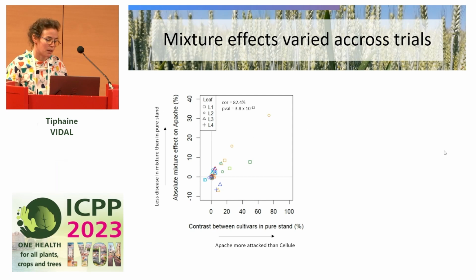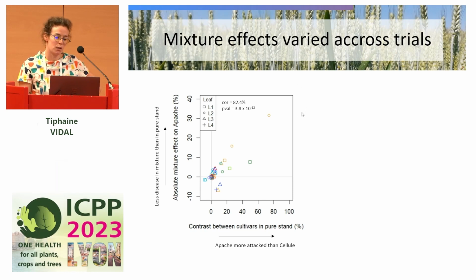So starting with Apache, here we compare the absolute mixture effect. Basically, we take the disease severity in pure stand, and we compare it to the disease severity in mixture. If you are here, it means that we reduce the disease severity a lot in mixture. And we compare that to the contrast between cultivars.